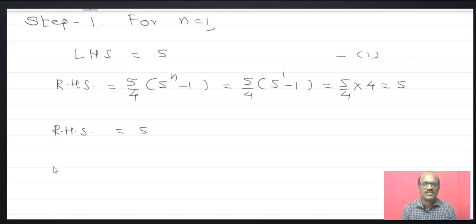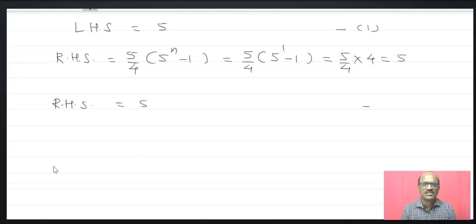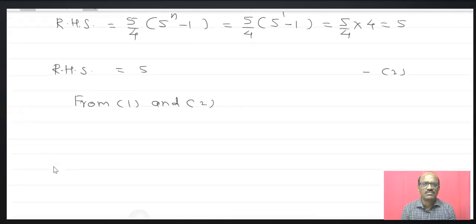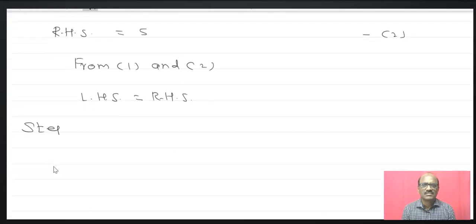This is the RHS. This is number 2. Therefore, from 1 and 2, LHS is equal to RHS.